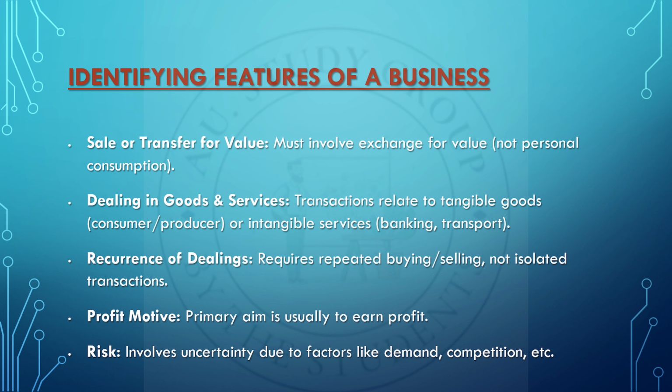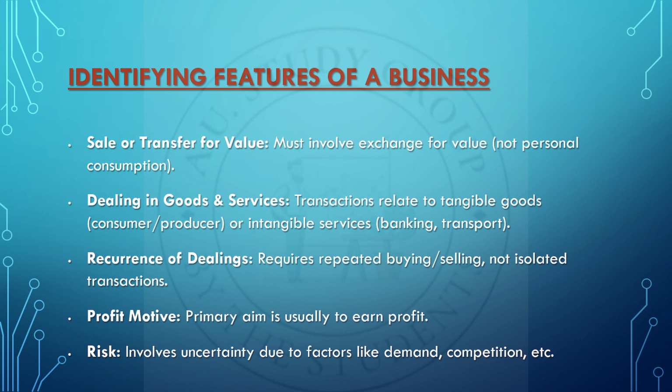Second, it deals in goods, that is physical items, or services, which are actions. Third, it involves recurrence, which means regular buying and selling. A one-off transaction cannot be called business. If you just sell your old vehicle, it is not business.